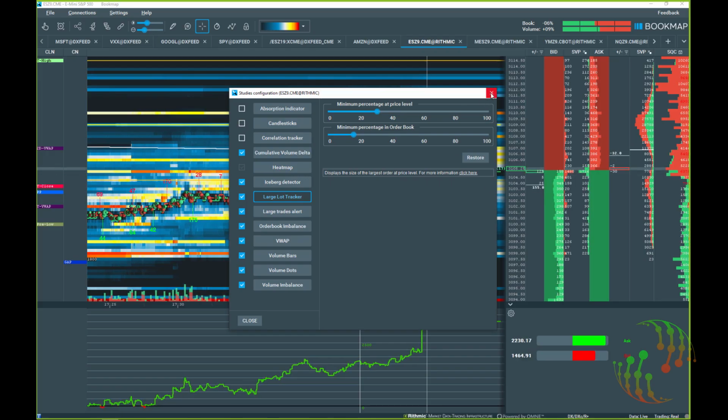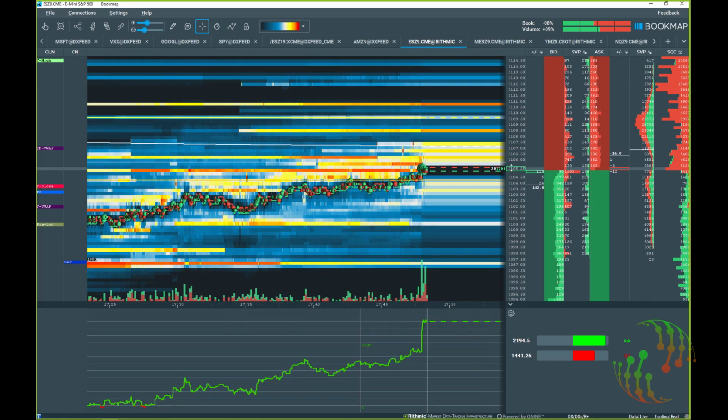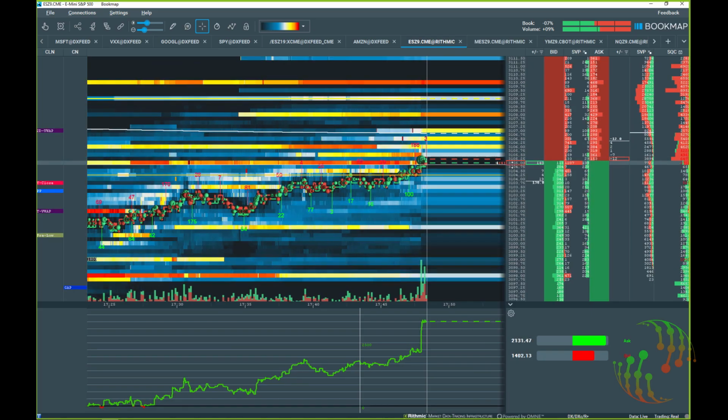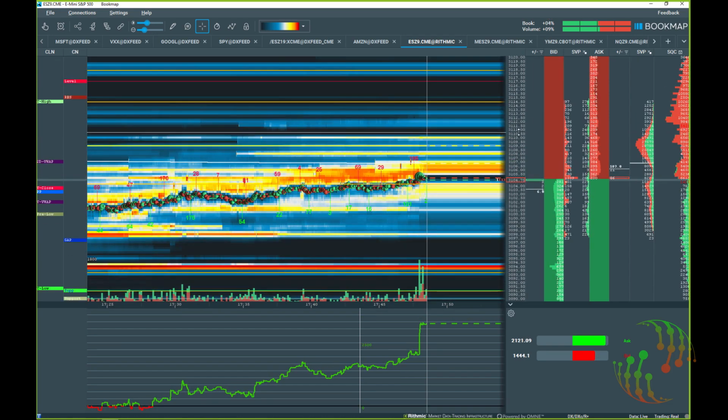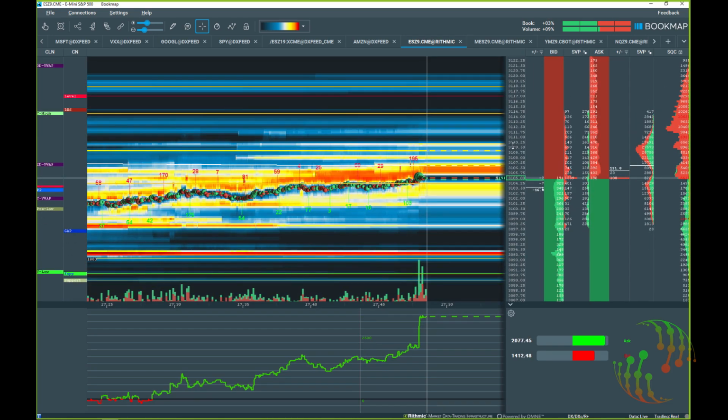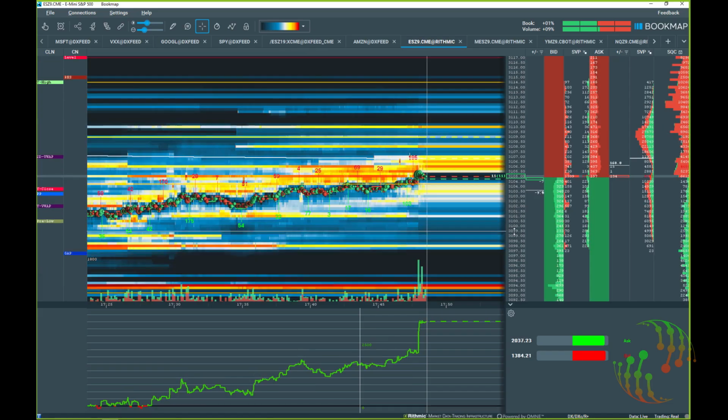I think we had some examples this week where we had really large volume, 1000 something like that, and then it is indicated that maybe one institution, one large guy, is sitting there.